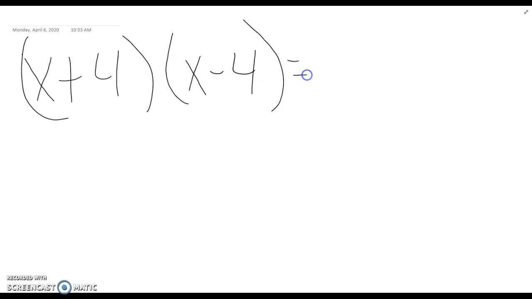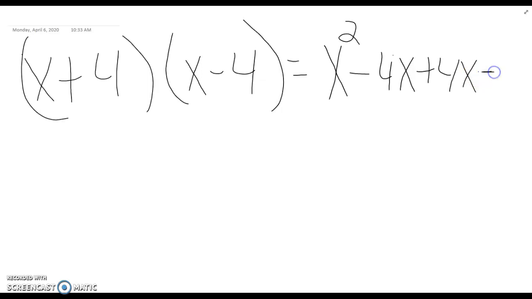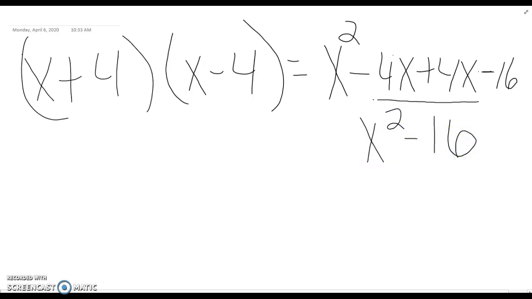If we were to FOIL this, I would have x times x, which is x squared, and then negative 4 times x, which is minus 4x. The inside is a positive 4 times x. And at the end, I have a negative and a positive, which is going to be a negative. 4 times 4 is 16. When I combine my like terms, these two actually equal 0. So I just have x squared minus 16.